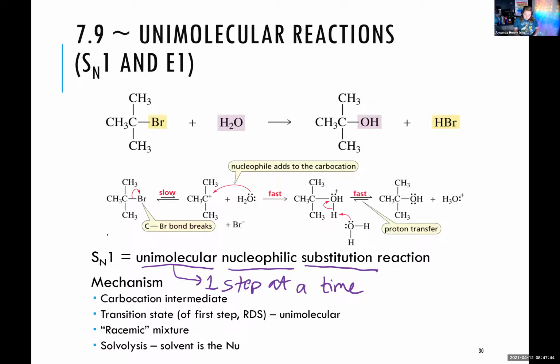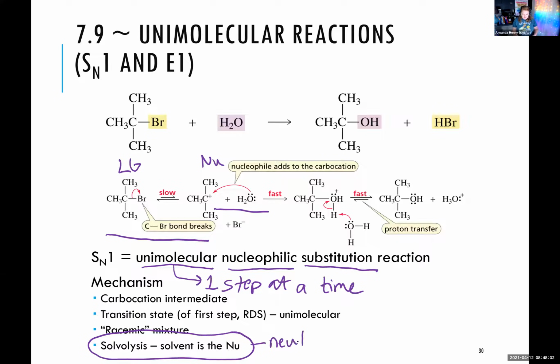So we started right here with the loss of our leaving group. And then we have our nucleophilic attack. Most of the time when we do an Sn1 reaction, the solvent is the nucleophile, which means that it's usually going to be neutral. Why I'm bringing it up is because once we do that nucleophilic attack, we're usually going to need to also do a proton transfer.